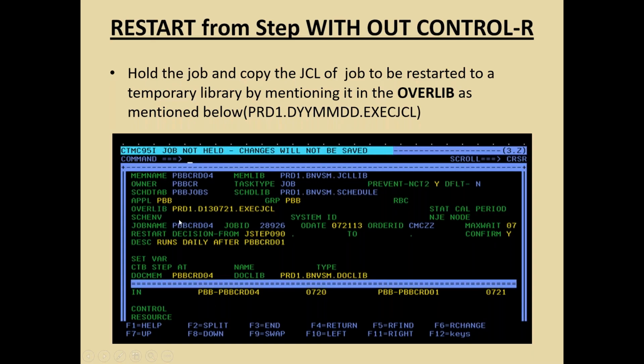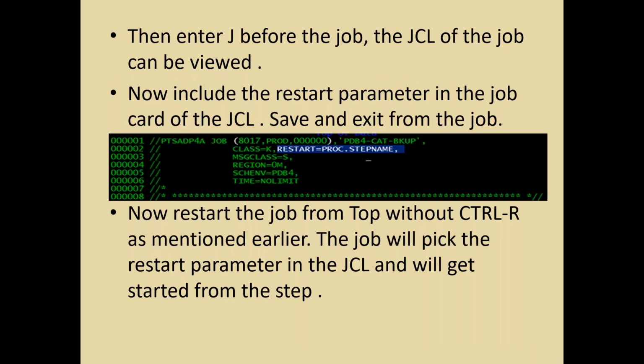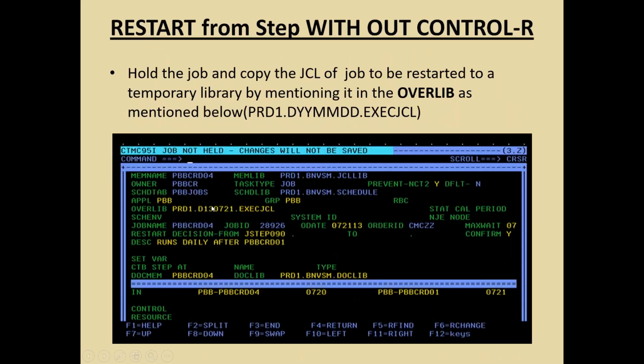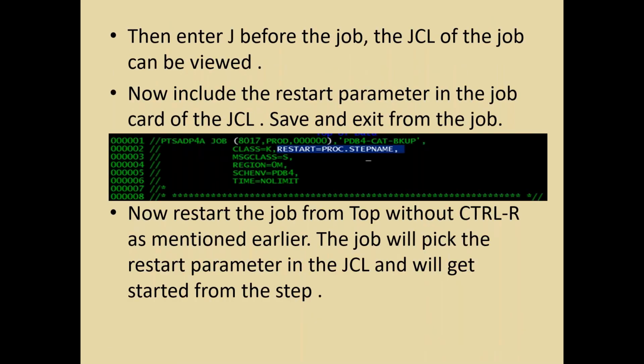By default, there will be an override library given by application teams. So you copy your library in place of the override library. Then next, after doing that, you give J here. So once you give J, it will pull the JCL for you.